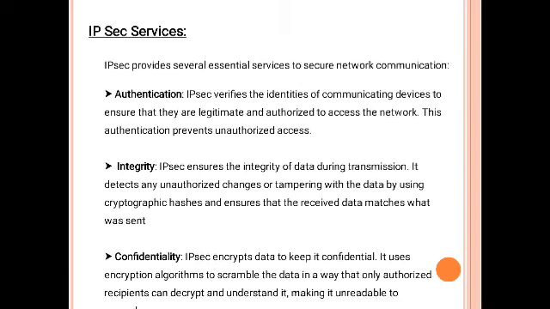IP security services. Authentication. IP security verifies the identities of communicating devices to ensure that they are legitimate and authorized to access the network. This authentication prevents unauthorized access. Authentication means only authorized users, the one who is having the data or information, can use the information.